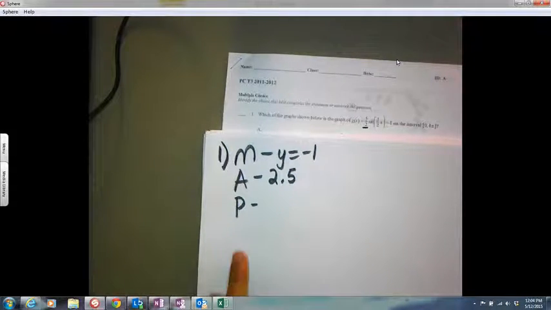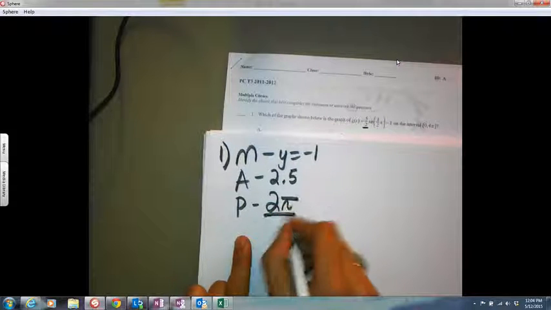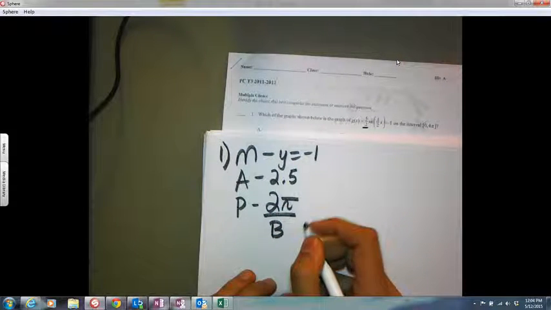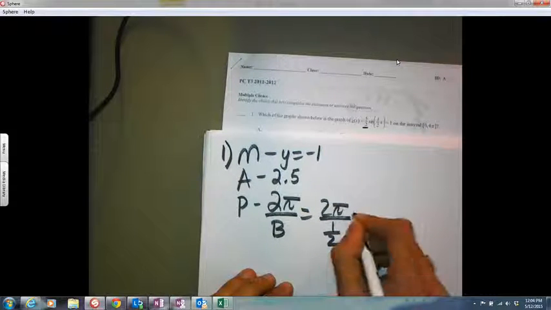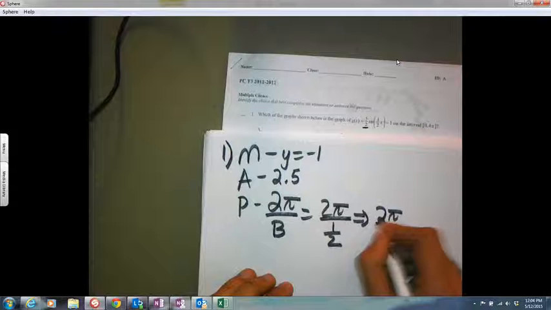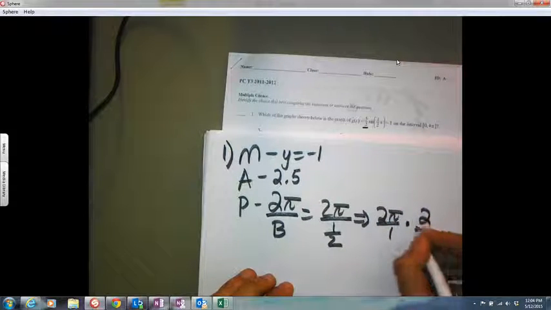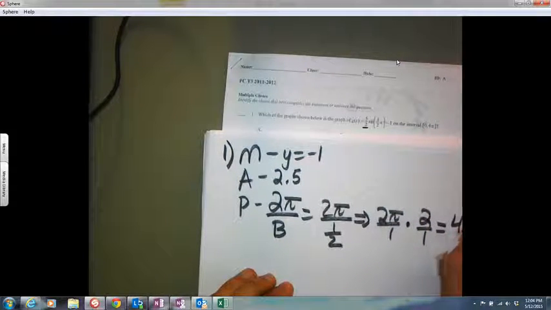The period, remember, is 2 pi divided by b. So 2 pi divided by 1/2. So keep, change, flip. So 4 pi.